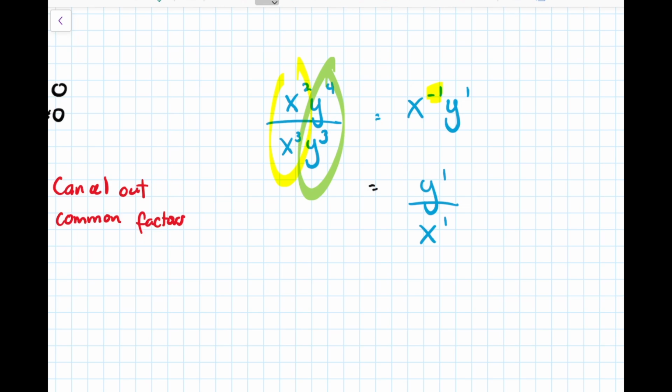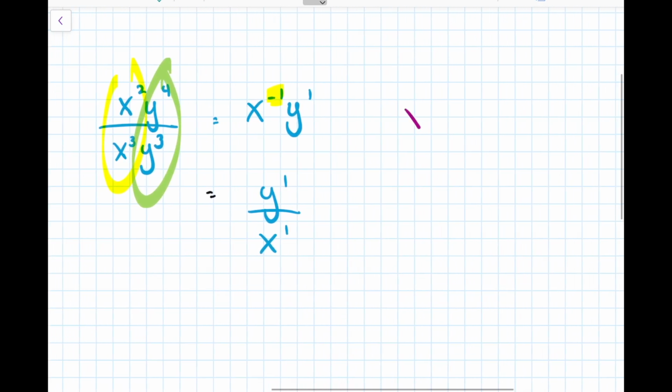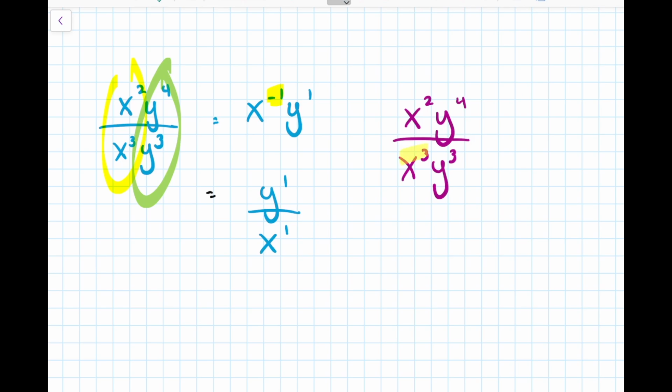That's the same y over x that we had before. But there's actually an even better way to do this, the way I would normally use. It's basically the same thing, but it skips the negative exponents. We're still going to subtract our powers, but instead of doing the top minus the bottom, I just do the larger power minus the smaller power. So for our x's, I do 3 minus 2, and then whatever's left just goes wherever you had more.